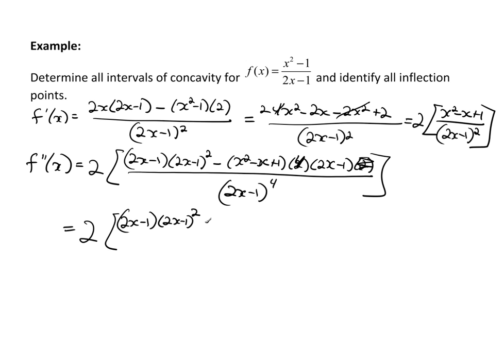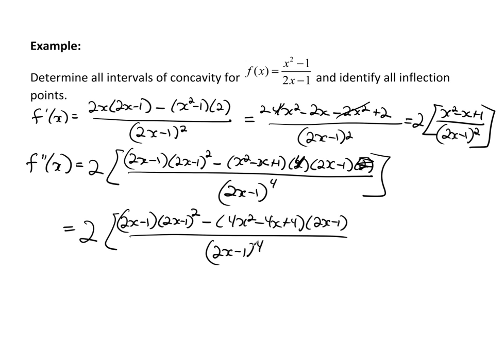So the most I can do here, I'm going to clean this up a little bit, minus, I'm going to distribute this 4. I get minus 4x squared minus 4x plus 4, and then a 2x minus 1 over 2x minus 1 to the 4th. I can cancel out one of these from each. That'll give it cubed, and that's the best I can do with that.